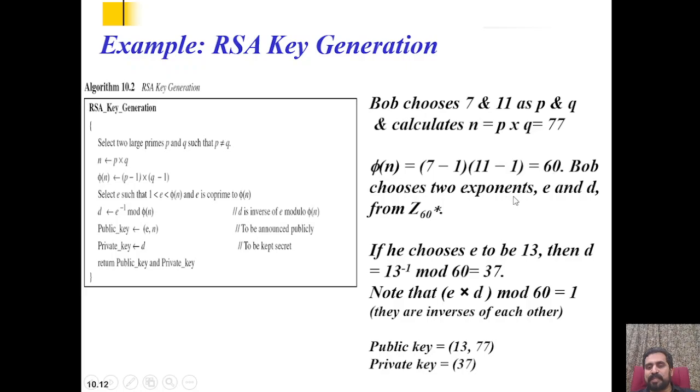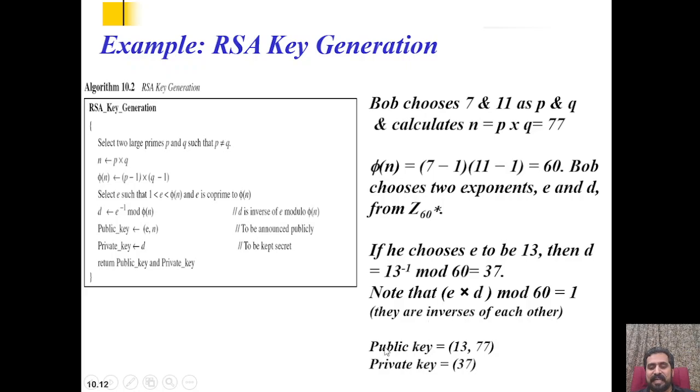Bob chooses exponents E and D from Z 60. If we choose E to be 13, then D is 13 inverse mod 60, which equals 37. Note that E times D mod 60 equals 1, so they are inverses of each other.